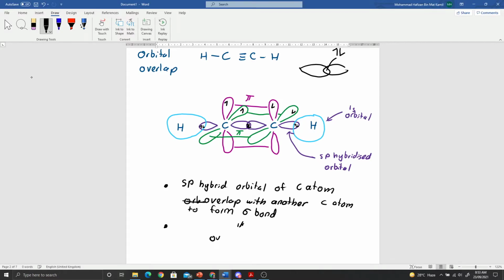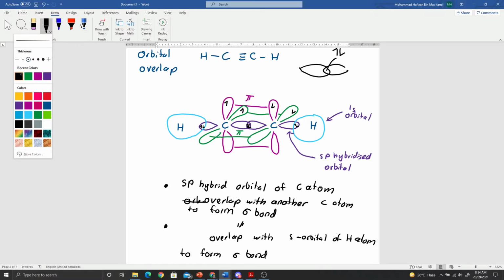Okay, and then you say the same thing, but it overlaps with the s orbital of H atom to form a sigma bond. Because if you look at this sp orbital, it overlaps with another carbon atom to form a sigma bond, and also overlaps with the s orbital of hydrogen to form another sigma bond.